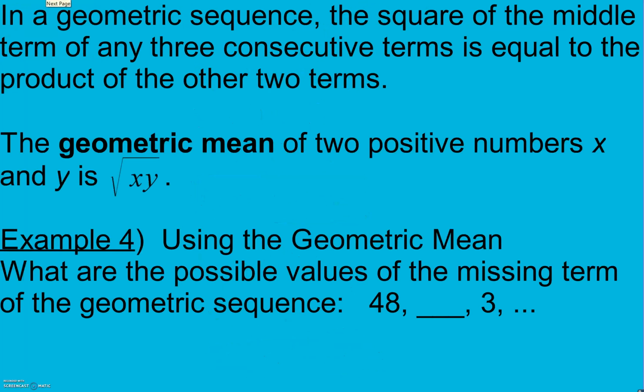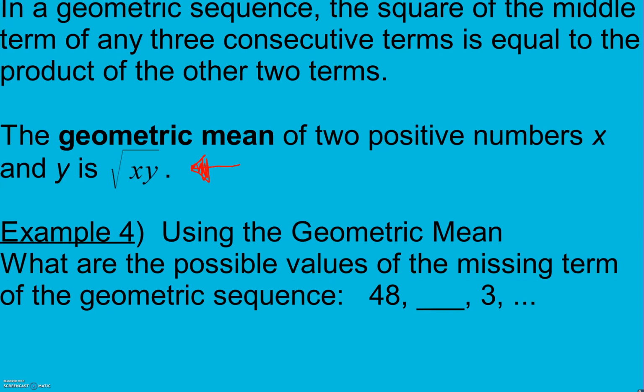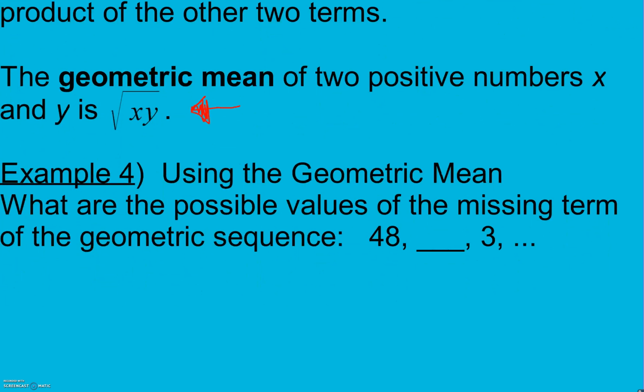In a geometric sequence, the square of the middle term of any 3 consecutive terms is equal to the product of the other 2 terms. So the geometric mean of 2 positive numbers x and y is the square root of x times y. So we're going to find the possible missing values of the middle term here.